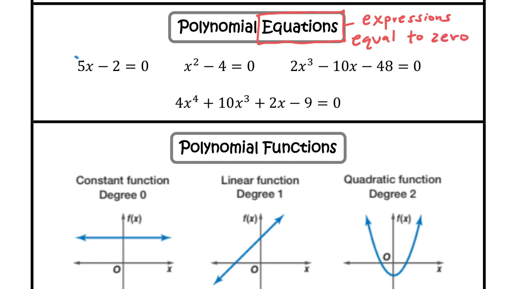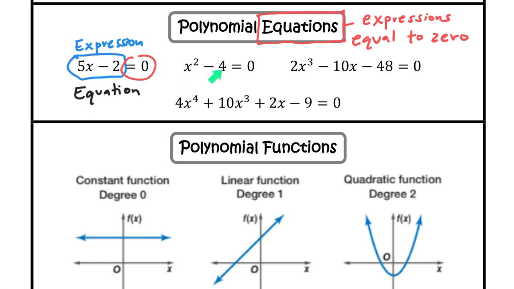So for example, here we have an expression and it's equal to 0. So altogether we have an equation. Okay, so when I have an expression equal to 0, we have an equation.